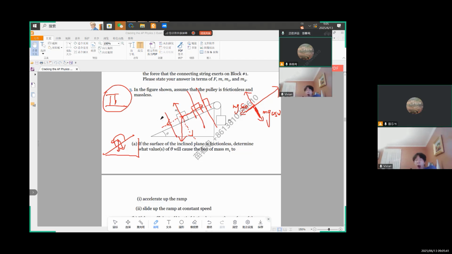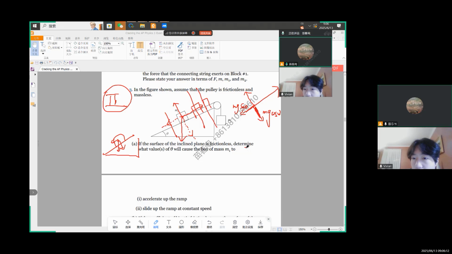So perpendicular to the slope, no displacement, no velocity, right? You move in one direction, and that's why we like the XY system. In the other direction, we normally don't move at all, right? So it's at rest in this direction. That's why they are balanced. Newton's first law is going to be applied in one direction.